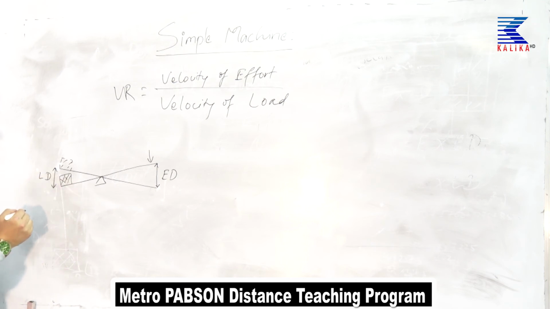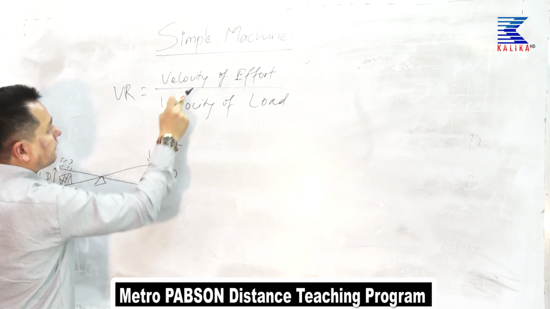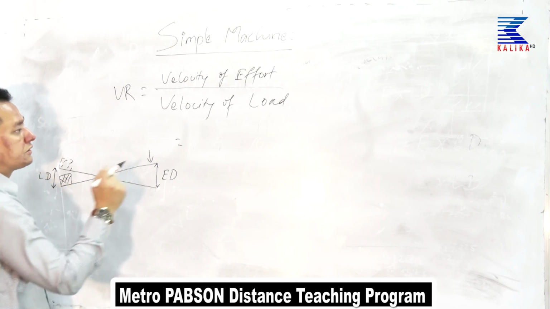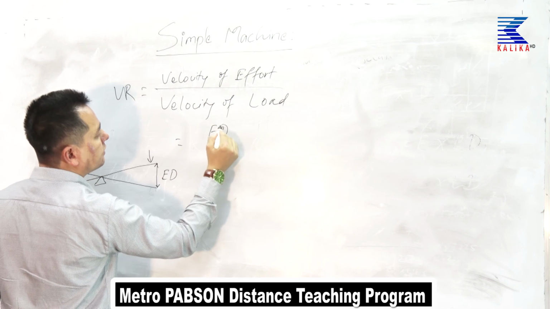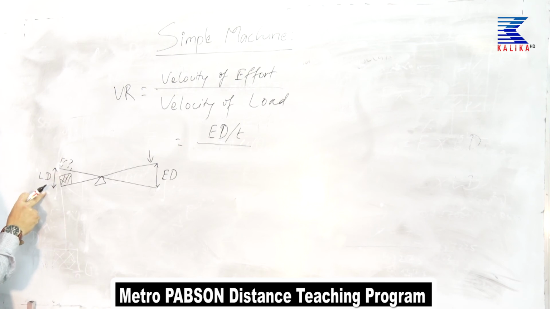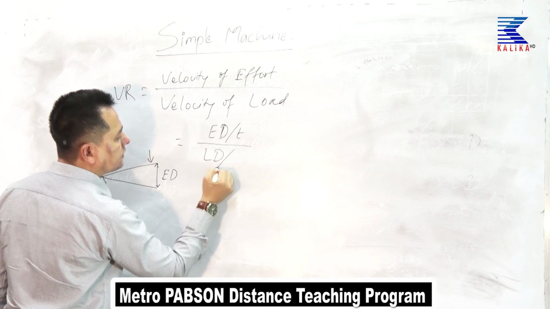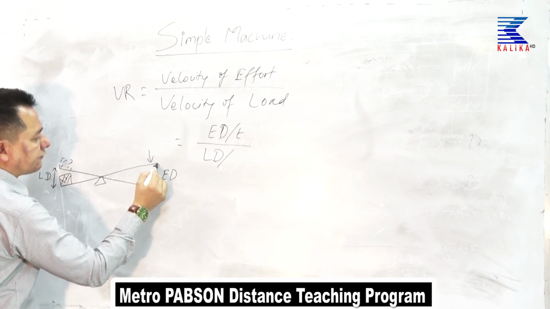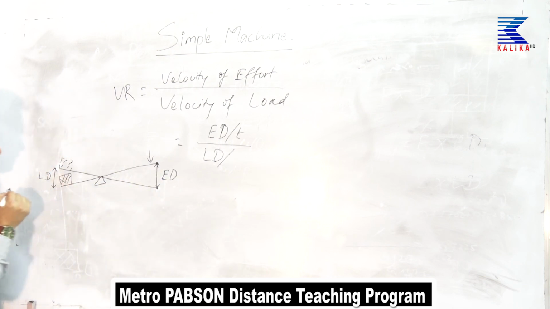Now, velocity of effort means distance traveled per time. So, effort distance by time taken. What is the velocity of load? Load distance traveled in a certain time. Now, the point we need to understand: the time taken by the effort to travel from this point to this point, and the time taken by the load to travel from this point to this point. Are these equal or not? Definitely, they are equal.